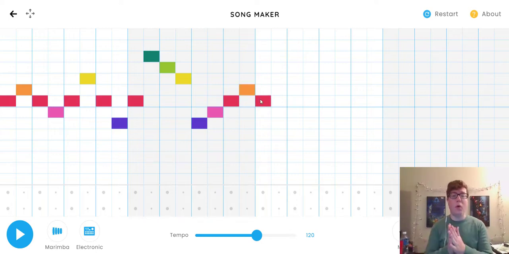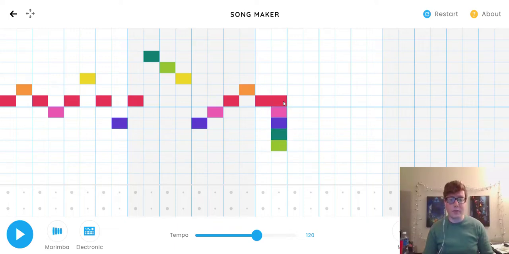Remember though, for all these, it doesn't matter how far away they are left and right. So this one, I'm going to put in a fifth. 1, 2, 3, 4, 5. But I'm going to make it a little bit more distant. And now maybe I want to go from this note to up a third. 1, 2, 3.